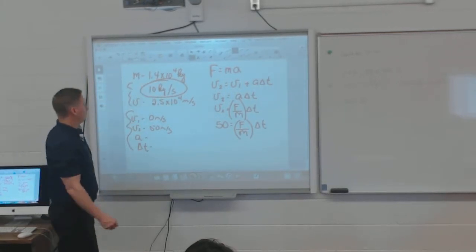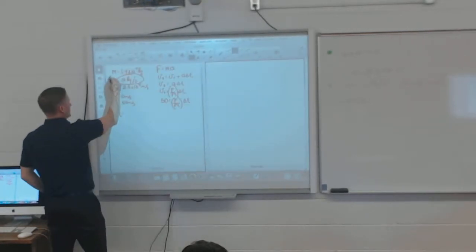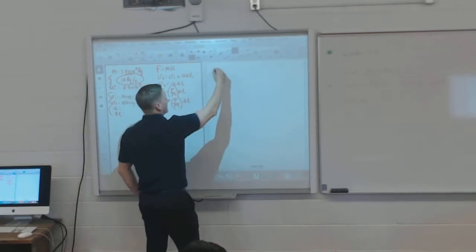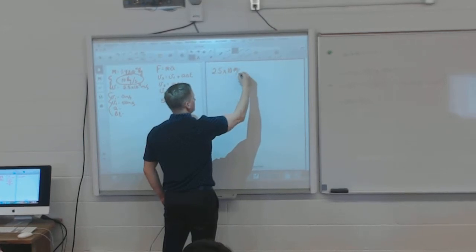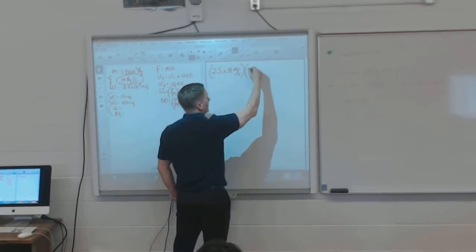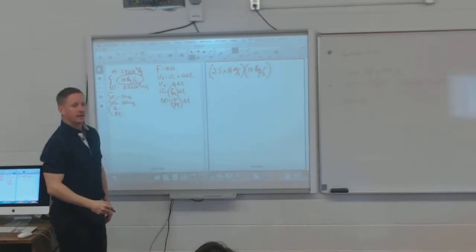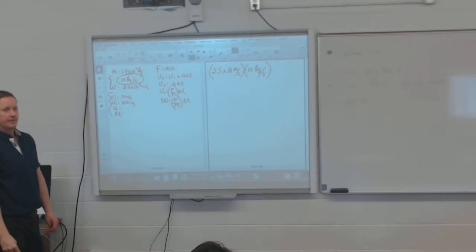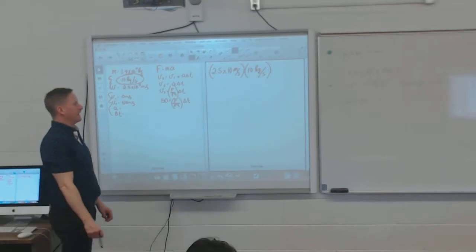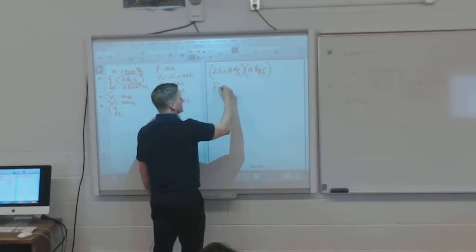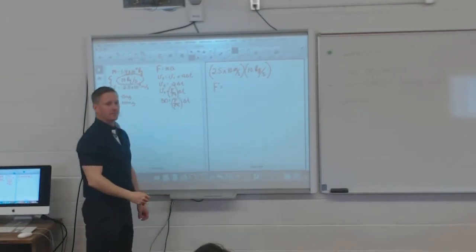Okay, so just gonna make this smaller for a second. So focused on this part right here. If I take my velocity and I multiply it by the rate at which I expel that gas, I'm going to end up with the amount of force, because I'm gonna end up with kilograms meters per second squared.